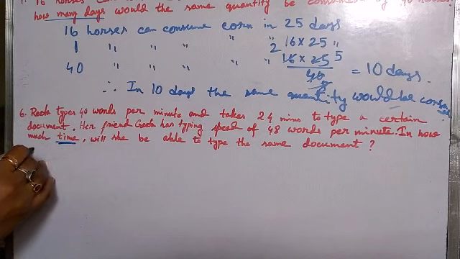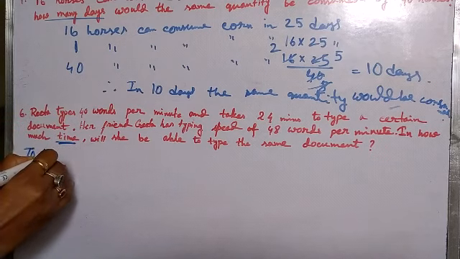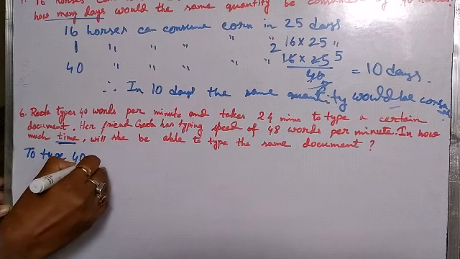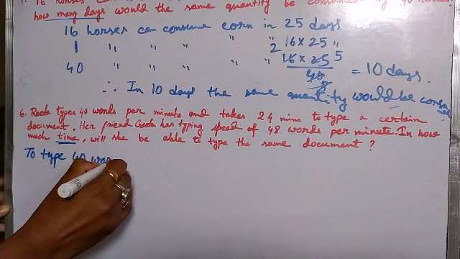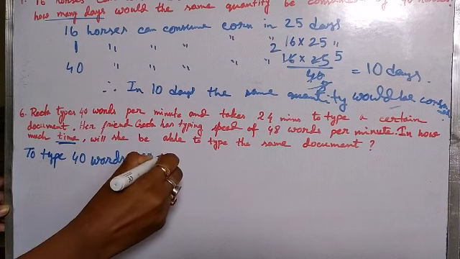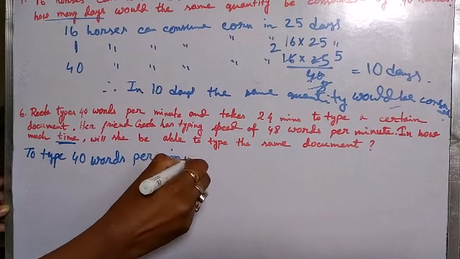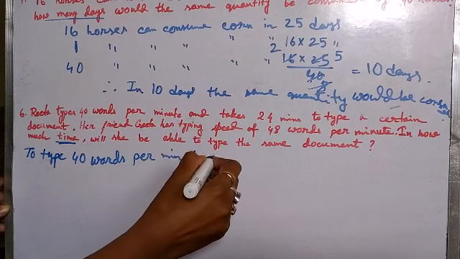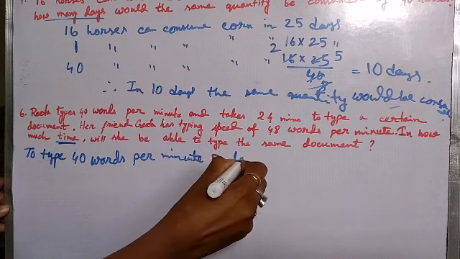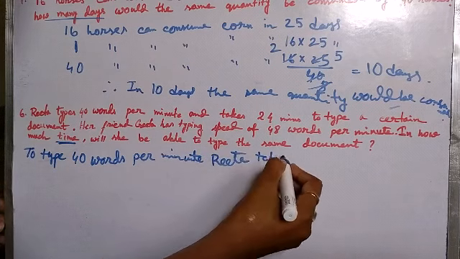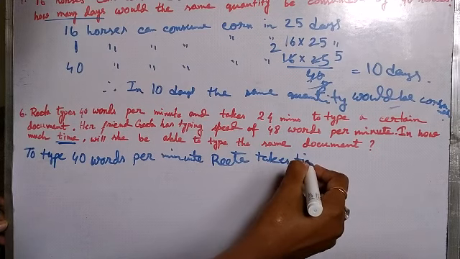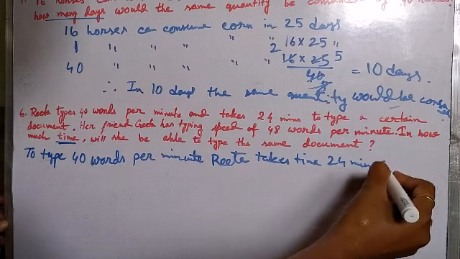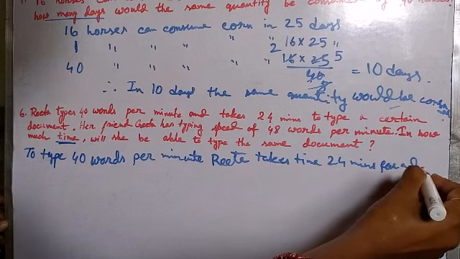So to type 40 words per minute, Rita takes 24 minutes for a document.